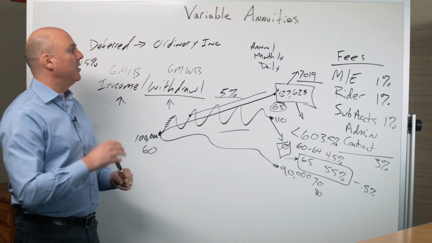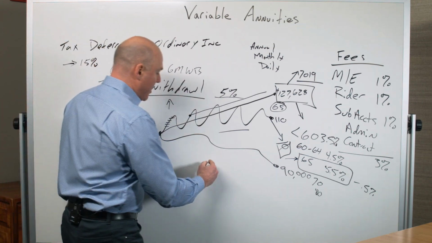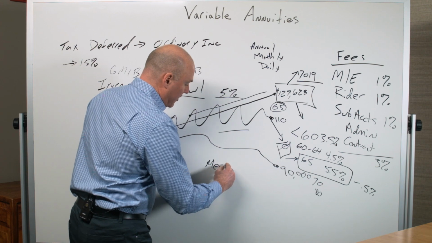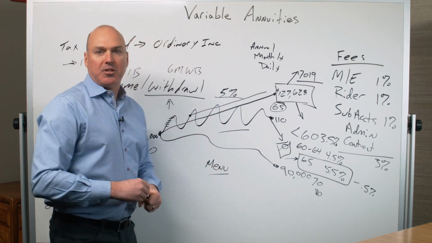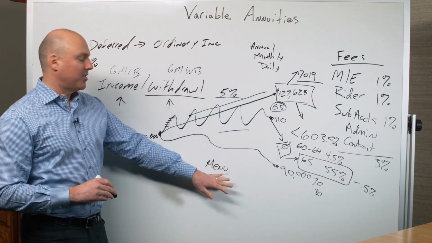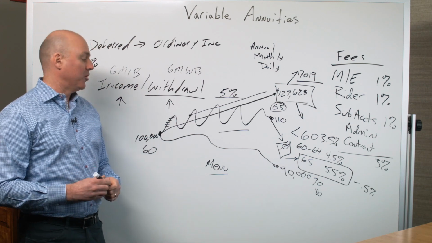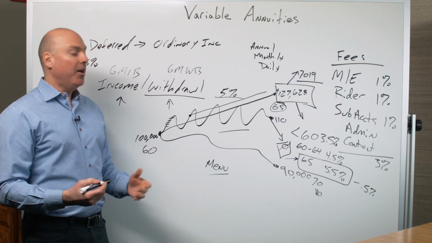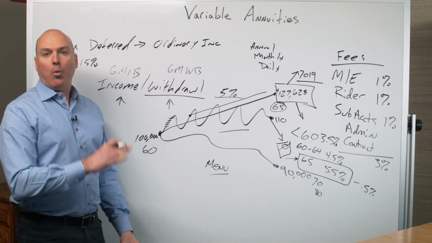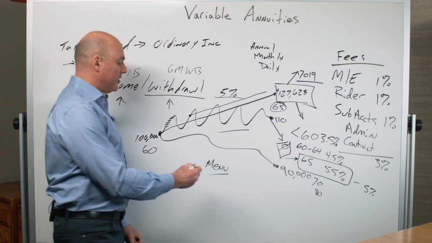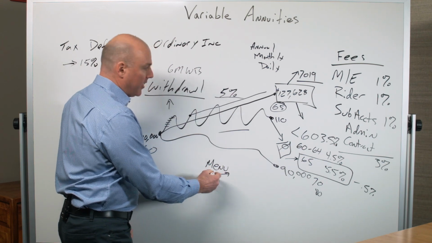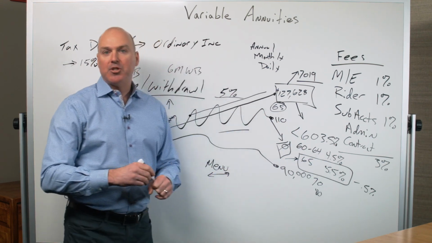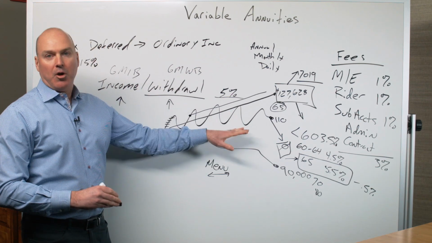Most of these variable annuities are going to have a menu, and that menu could be as little as just a small handful of individual sub-accounts, maybe as few as 6 or 12. It could be as many as 50 or maybe even 100 in some cases, but you want to know what investment options are on there and look at the track record, look at the expenses of those funds, and make sure you understand what that growth potential is.